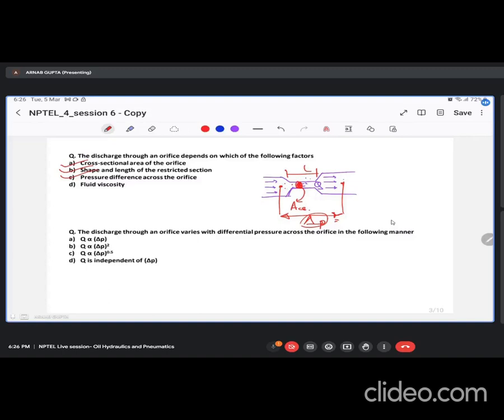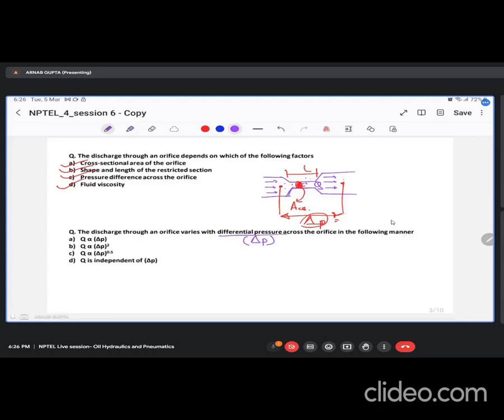If a relatively less viscous fluid tries to flow through this section, the resistance will be less and the discharge will be more. So this also plays a governing role. So if you look at the mathematical relationship, the discharge through an orifice varies with the differential pressure, that is delta P, across the orifice that I showed here in the following manner.